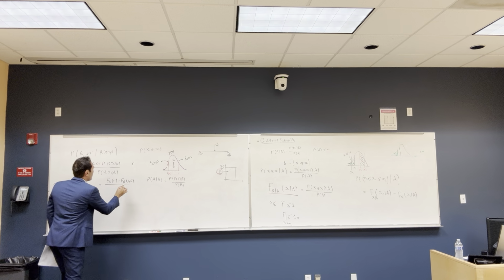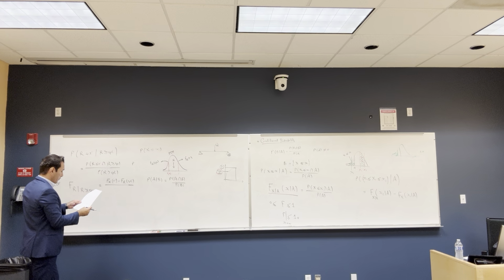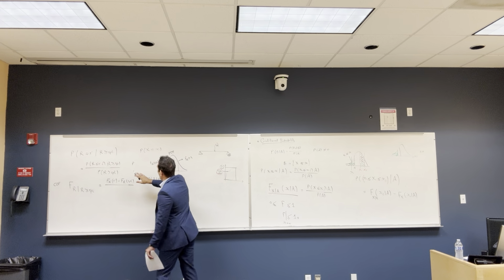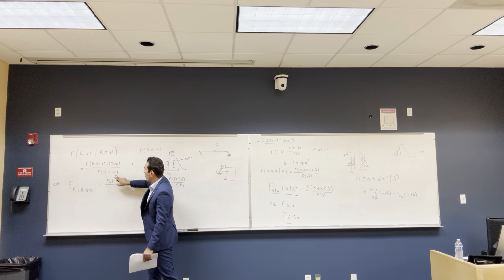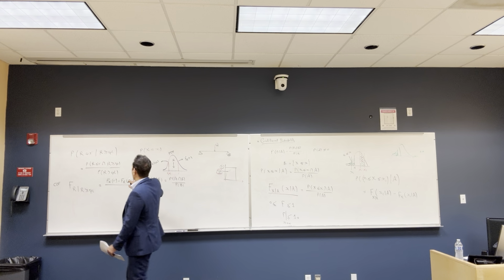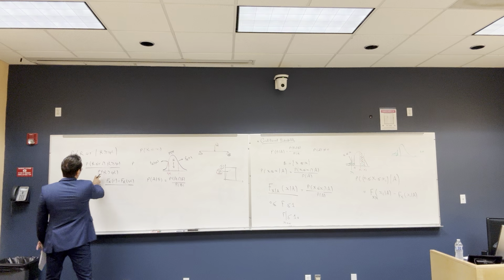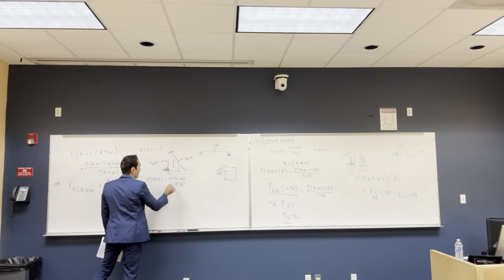You guys are gonna tell me, how can I find this? It's 1 minus. Why? Because if I'm looking for R less than RBL, it's gonna be this part, right?